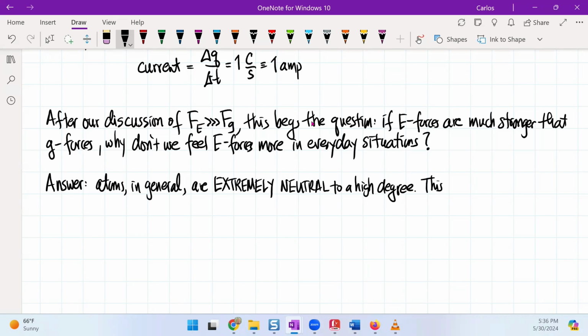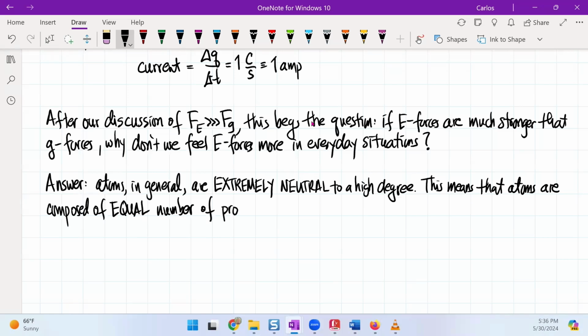This means that atoms are composed of an equal number of protons and electrons.